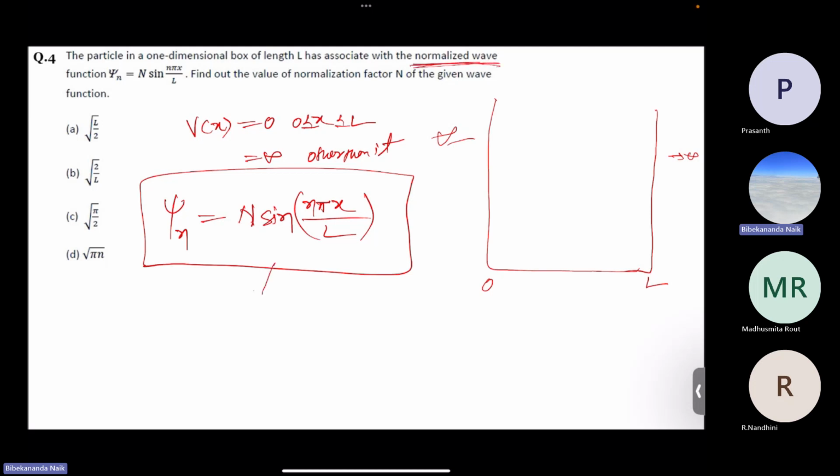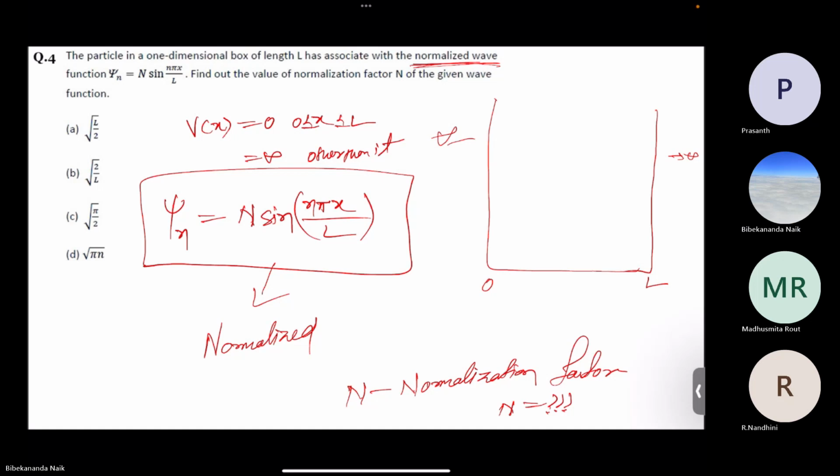This is the form of the normalized wave function, so what should be the value of N, which is called the normalization factor? What will be the value of N? These are the options.